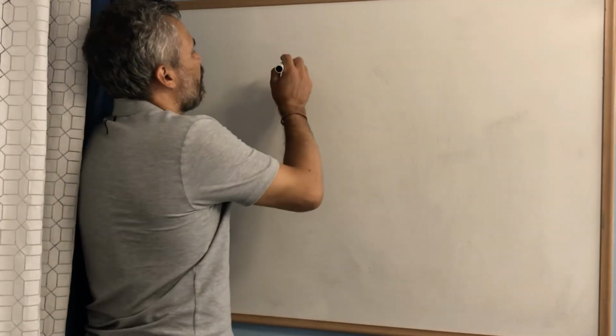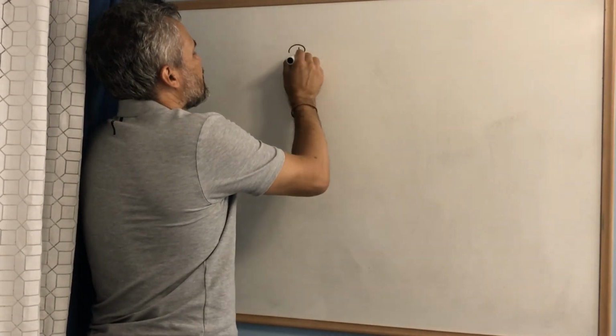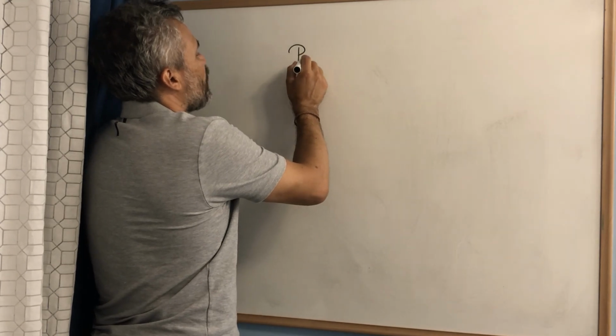Another interesting example of a vector space is the set of polynomials of order 1 or less.